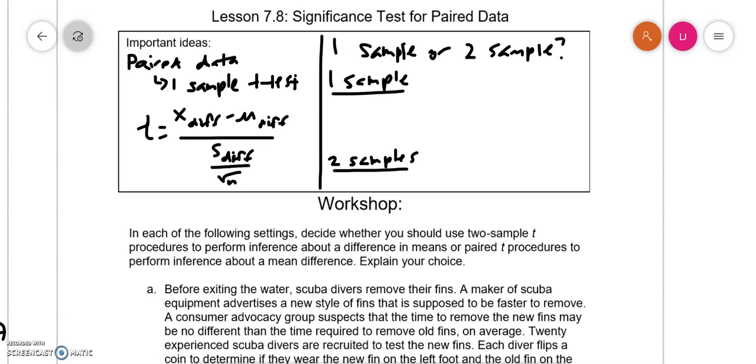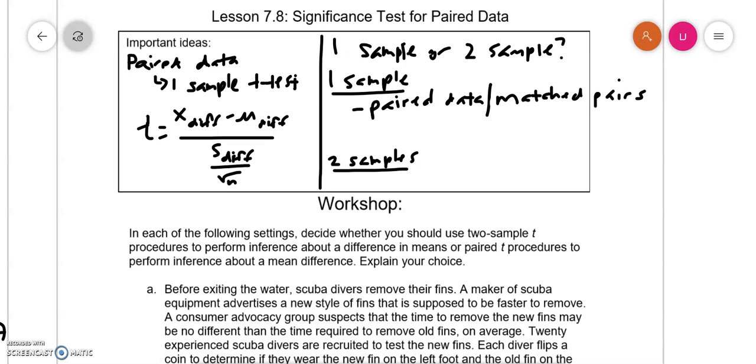So one sample, we use it in this lesson, and that's when we have paired data or matched pairs. You can see either term. So paired data or matched pairs. Oops, that doesn't look like an M. There we go.